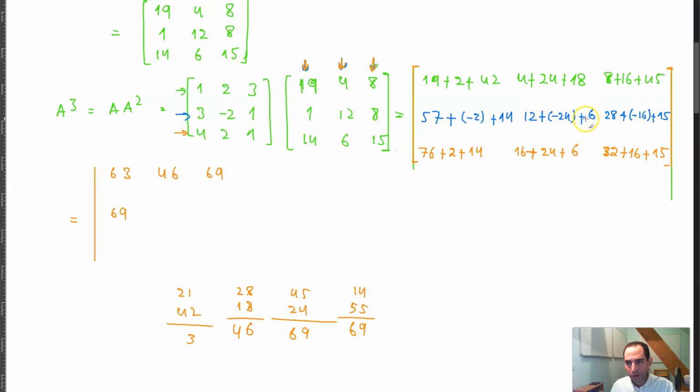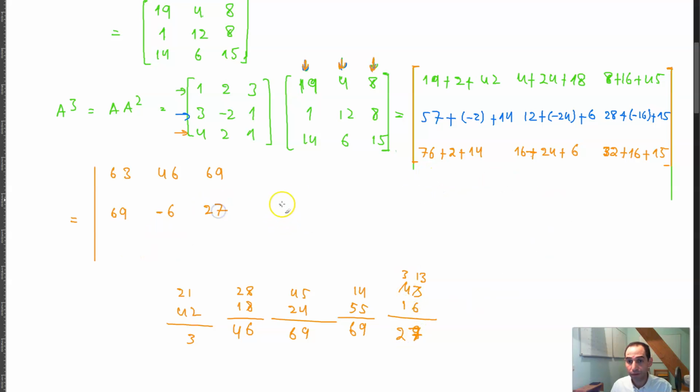Negative 12 plus 6 is equal to negative 6. And then 15 plus 28 is equal to, let's say, 30 plus 4 plus 15 is equal to 45. 43. 43 minus 16 is equal to 27.